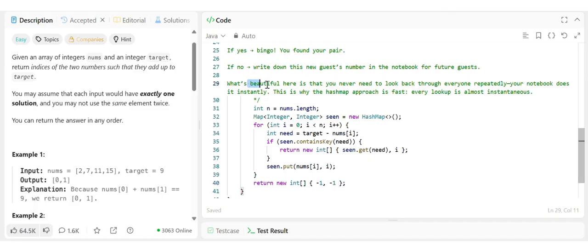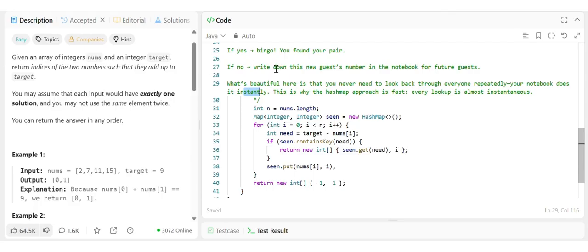This is a beautiful solution because you would never have to look back through everyone repeatedly. Your notebook does it instantly. Your notebook contains the number of each guest and the position of each guest. You just have to go to the next guest and calculate the number need, that is, target minus the number that guest represents.